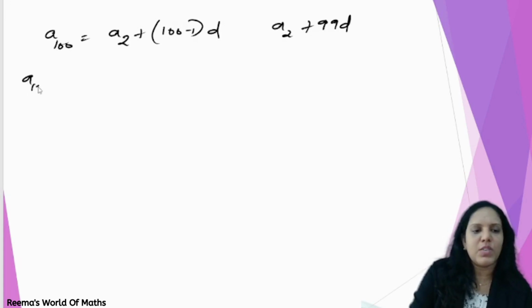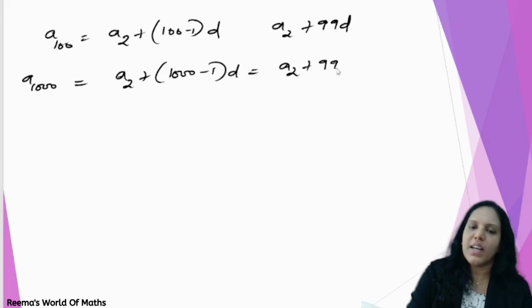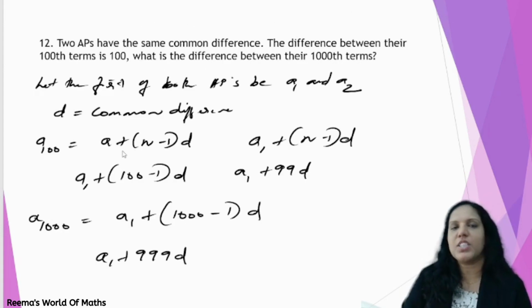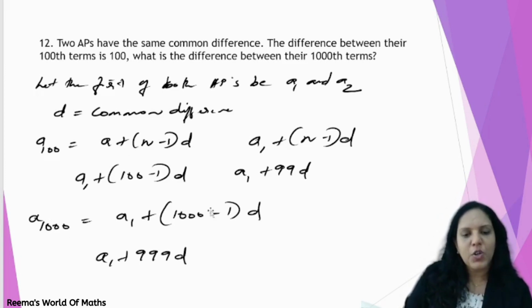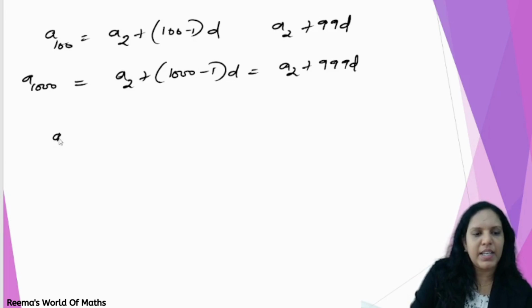Similarly, A1000 of the second AP will be A2 plus 1000 minus 1 into D, which is A2 plus 999D. Correct? And what we have given? We have given the difference between the 100th term is 100. So we know the 100th term of the first AP is A1 plus 99D.